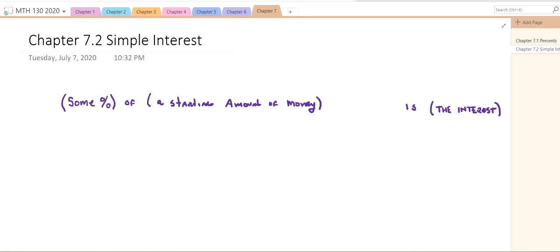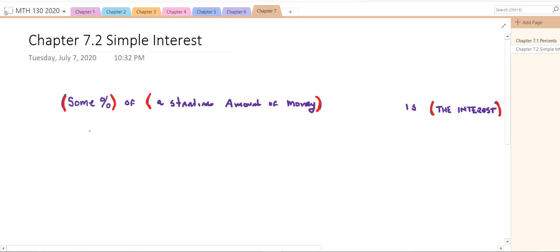So the question we're going to ask now, we're going to word it a little differently, is some percent of a starting amount of money is something we call the interest. And these ideas I put in parentheses here. I'll highlight them red. Think of these as your values or variables from before.